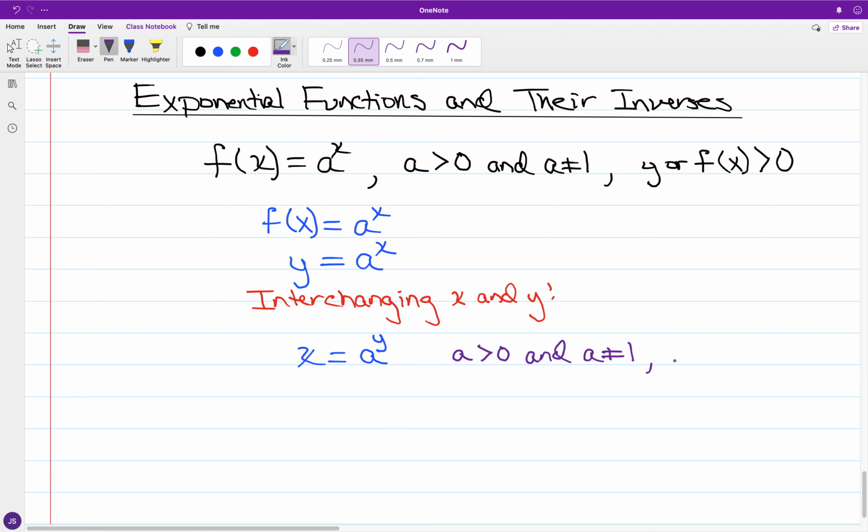But after interchanging, it is now not y but x that has to be greater than 0. All right. Now, in converting a to the y in terms of y, we're going to take what we refer to as a base a logarithm.